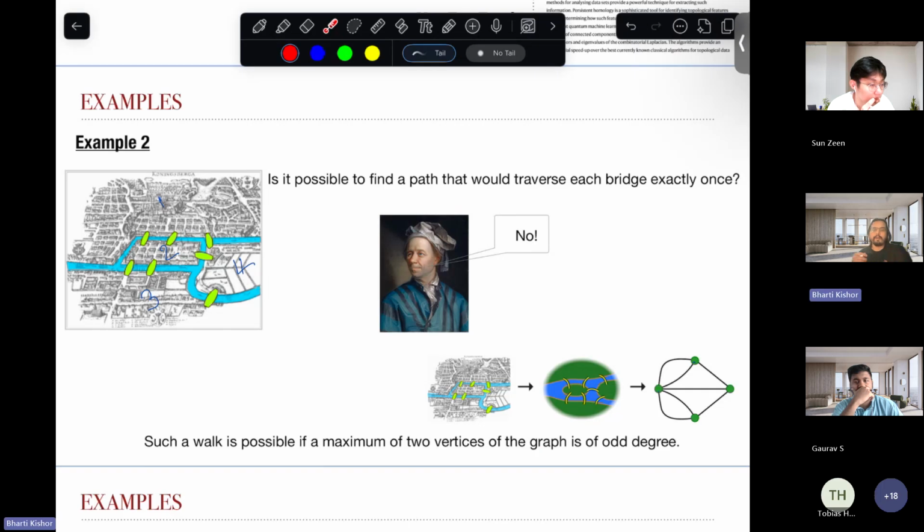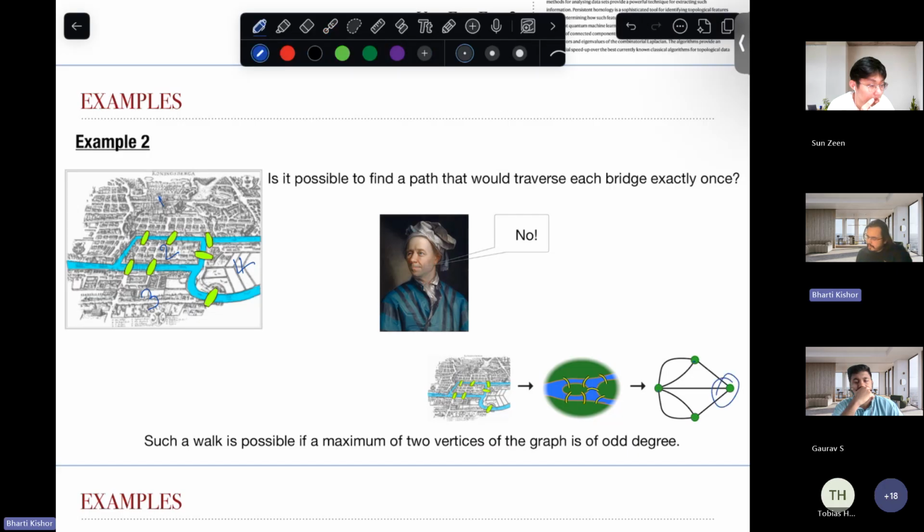Odd degree means how many edges are coming out of it. Now, if you look here, degree of this one is 3. Degree of this one is 3. Degree of this one is 3, and this one is 5.